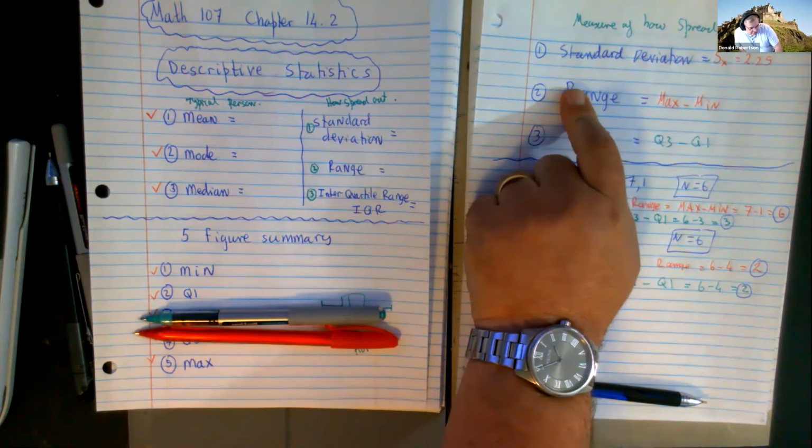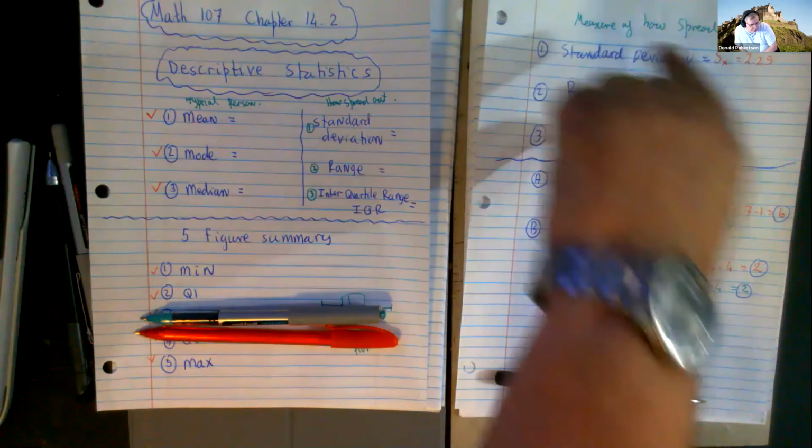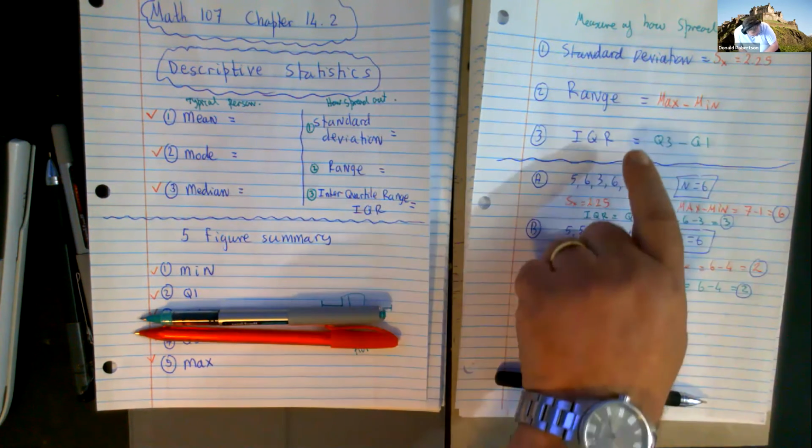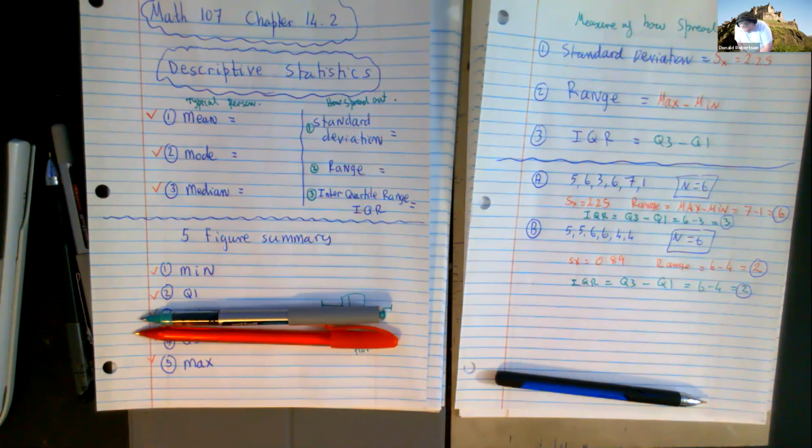It's not very accurate. The standard deviation and the interquartile range are much better. They tend to not get distorted by just one exceptionally big number. Although the standard deviation does get distorted a bit, the interquartile range is never really distorted by exceptional values.